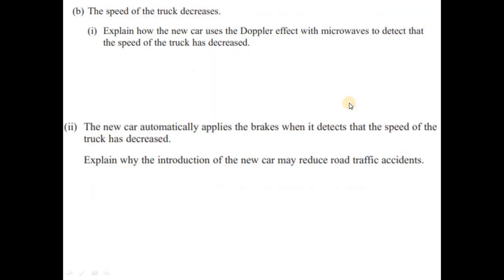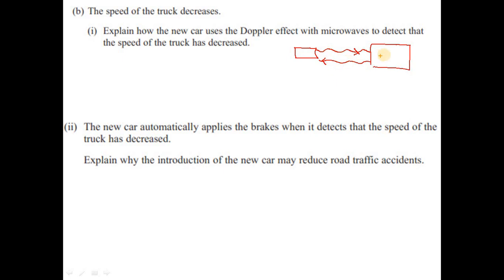Part B, the speed of the truck decreases. Explain how the new car uses the Doppler effect with microwaves to detect that the speed of the truck has decreased. So in this case, what happens? This car is going behind and emitting microwaves with some wavelength, and this wave hits the truck, and then it is reflected back and received.